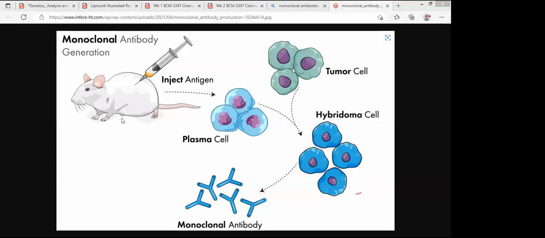For example, we've injected the mouse with COVID-19. Let's just call it COVID-19, but in our mind we know it's an antigen. The B cells will see it, engulf it, and analyze it.